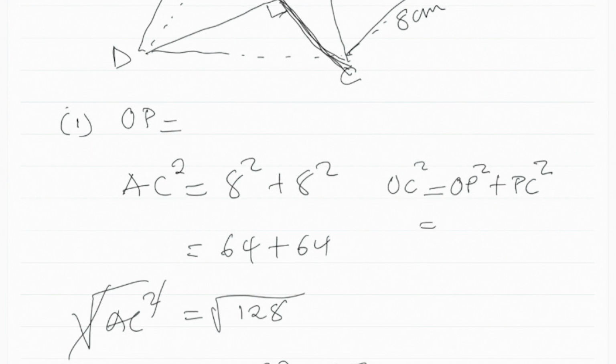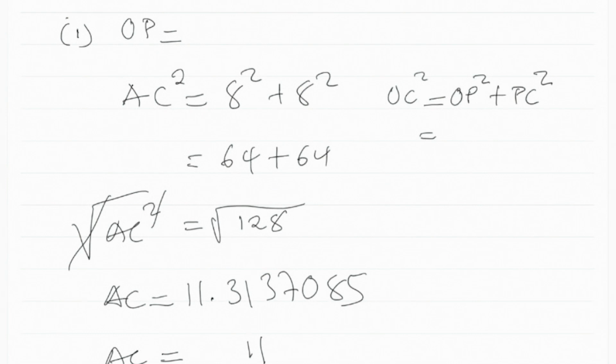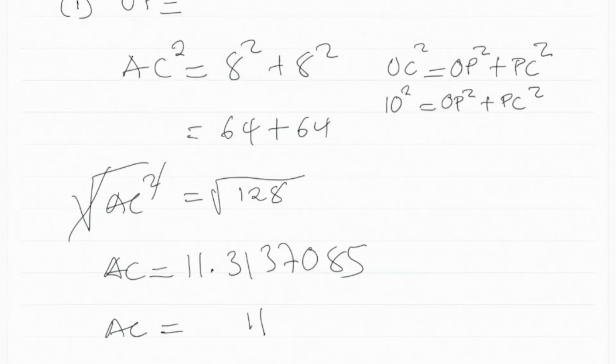It has already been ascertained that OC is 10 centimeters. So you can see that we are squaring that equals OP squared plus PC squared.